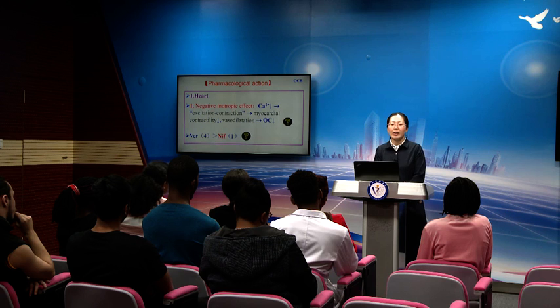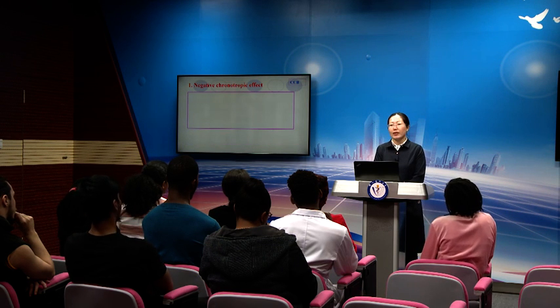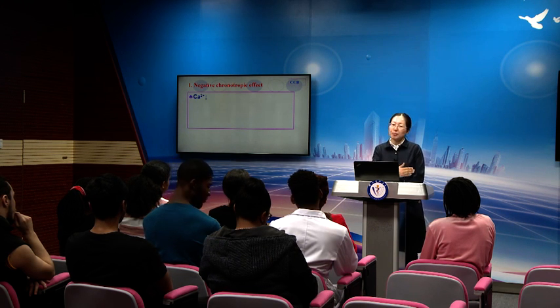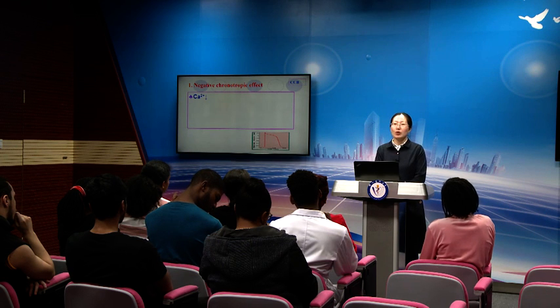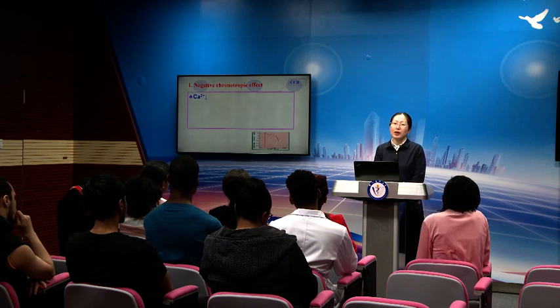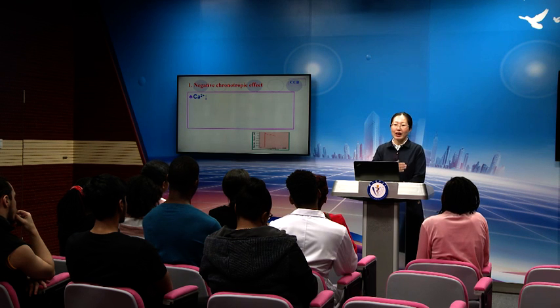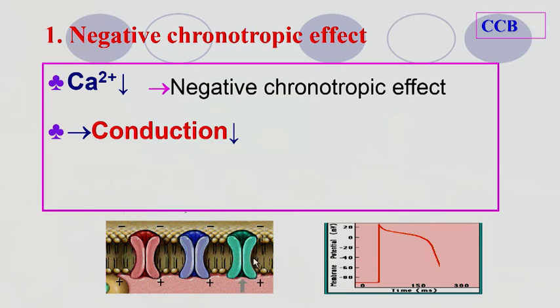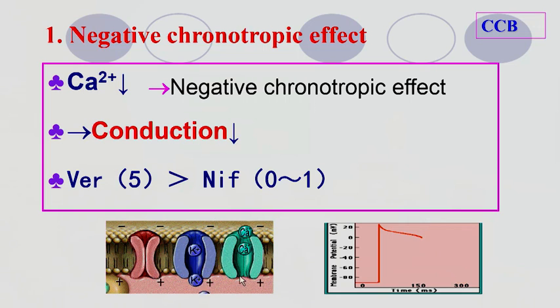Besides negative inotropic action, calcium channel blockers also have negative chronotropic action. Calcium is a very important ion channel in the action potential duration. So calcium blockade means negative chronotropic action. It inhibits conduction, and then heart rate will be reduced.